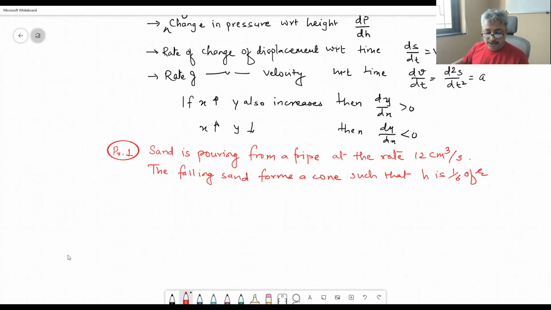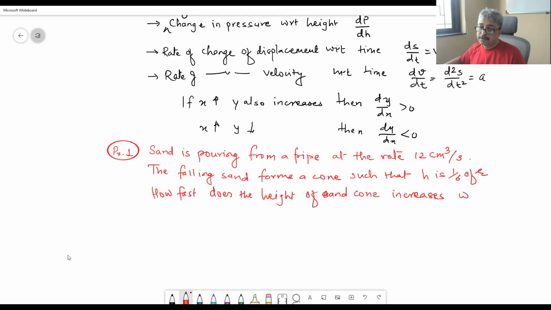How fast does the height of the sand cone increase when h is equal to 4 centimeters?